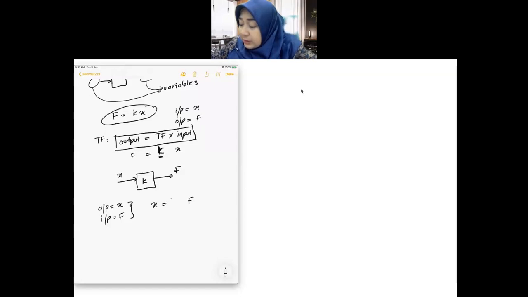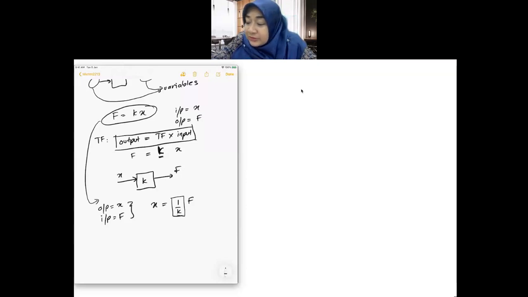So what do you think is my transfer function here? Go back to that equation. In order for you to have x equal to something multiplied by f, of course the transfer function will be 1 over k. All right, the mathematics will remain the same.